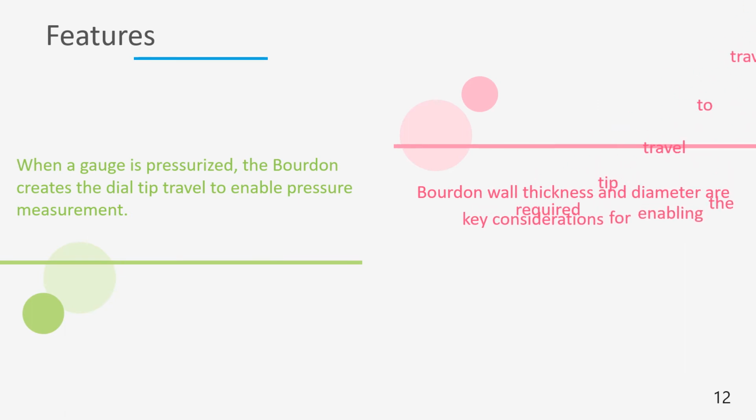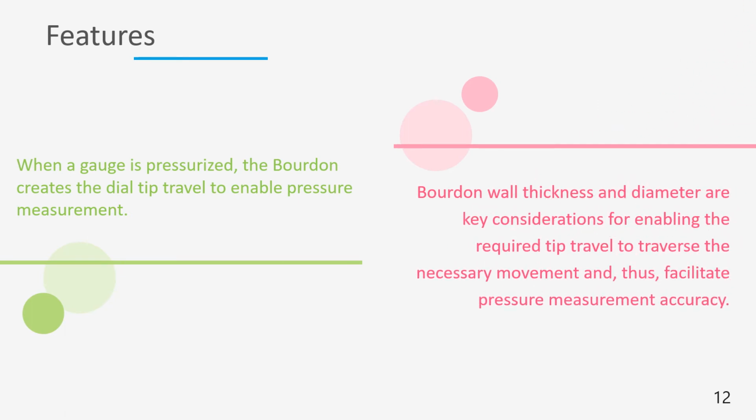Features of the Bourdon tube: when a gauge is pressurized, the Bourdon creates the dial tip travel to enable pressure measurement. Bourdon wall thickness and diameter are key considerations for enabling the required tip travel to traverse the necessary movement and thus facilitate pressure measurement accuracy.